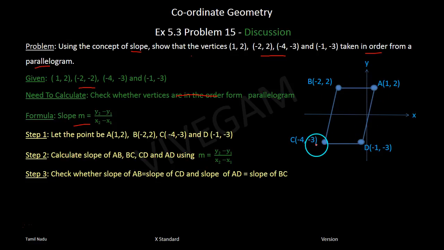AB and CD, and then BC and AD. Then whether the slope of AD equals slope of BC. If these 2 pairs are equal, then what does it mean? AB and CD are parallel to each other. Similarly, BC and AD are parallel to each other. Whenever slopes are equal, they are parallel. If the slopes are equal in the above case, then ABCD is nothing but a parallelogram.